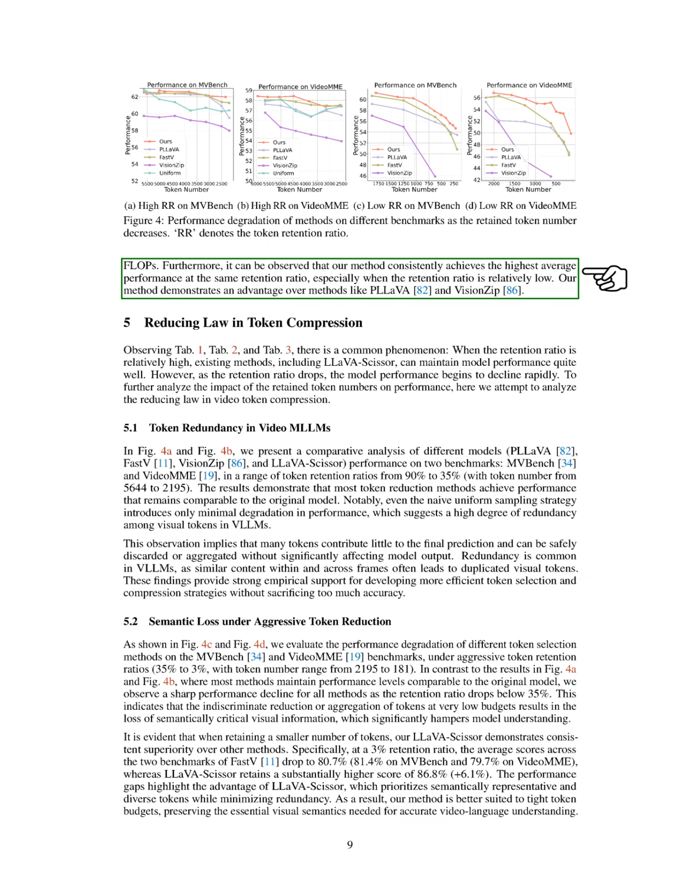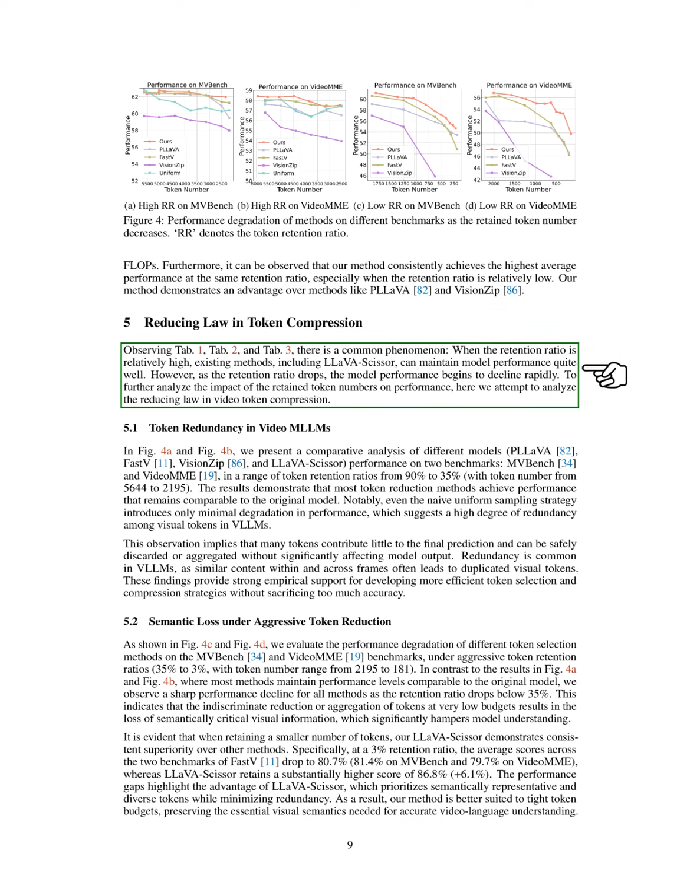We consistently achieve the highest average performance at the same retention ratio, particularly when the retention ratio is low, outperforming methods like PLLaVA and VisionZip. We observe a trend in token compression. When the retention ratio is high, existing methods, including LLaVA-Scissor, maintain model performance well. However, as the retention ratio decreases, performance declines sharply. To understand this better, we analyze the relationship between retained token numbers and performance.